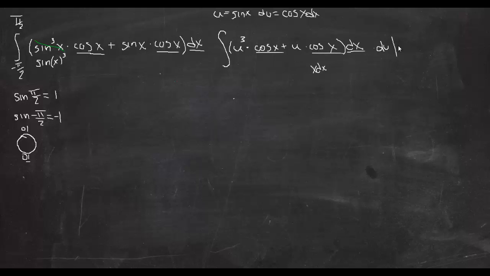So we have our u cubed, and we pulled our cosine x dx out, that was du, and so the integral and dx cancel out. Now we can put our new limits into the function here. Our du is going to go away as well.